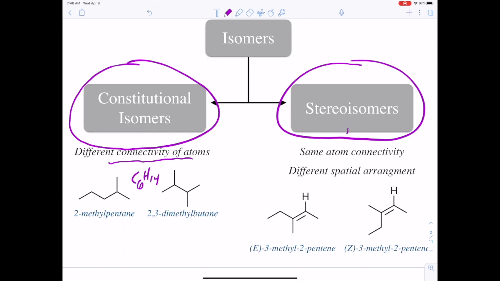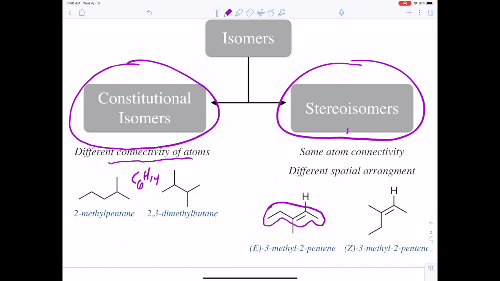If you describe the connectivity of the atoms, they are both 5 carbon chains with an alkene between 2 and 3 and a methyl group on carbon 3.